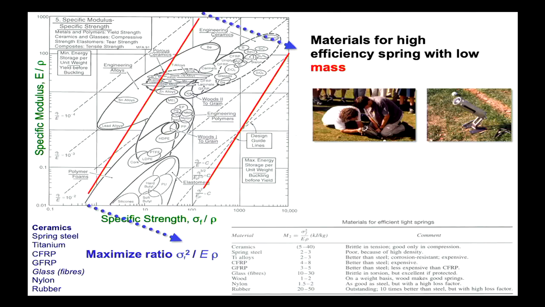Same kind of deal. This time it's a new chart, specific modulus, that is E on rho, specific strength, sigma F on rho, that is we're thinking about with reference to mass. And we can go through the same essential process where we've got ceramics, spring steel and titanium joined.